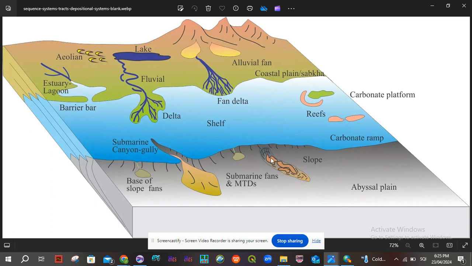Where we have sand, especially in the channel or the proximal part of the turbidites, you can have a good reservoir, and at the same time you can have a good source rock, depending on where it falls. It can be formed at the distal part, where we have shale probably rich in organic matter, so it can probably be a good source rock.